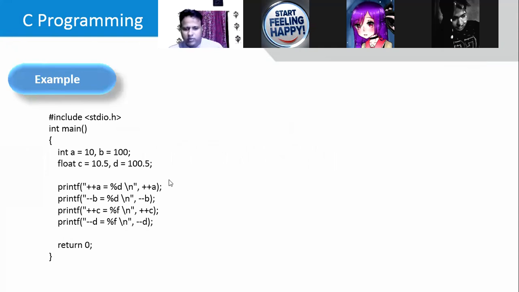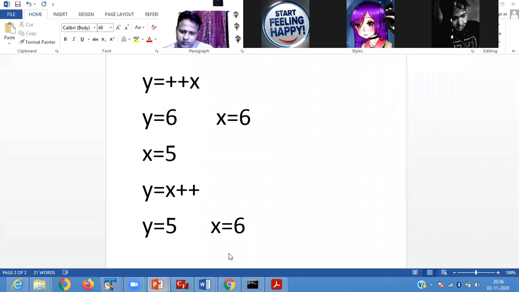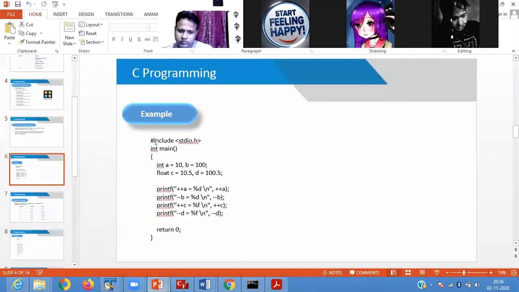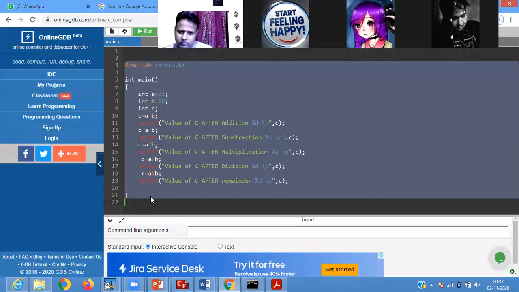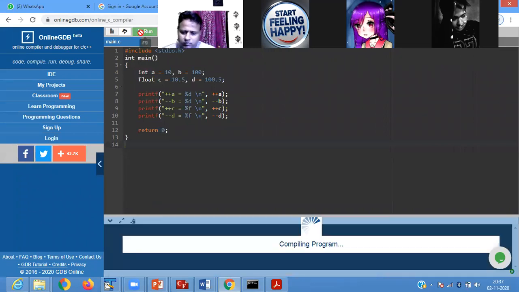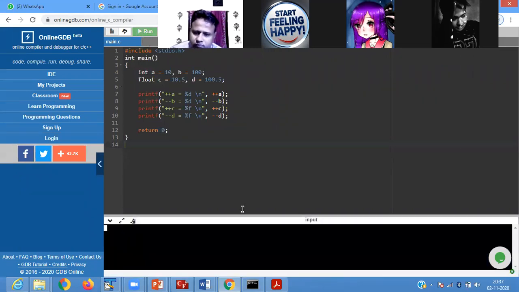So here is a small program we have. int a, value is 10, when it is incremented it is 11. b is 100, then when it is decremented it is 99. c is 10.50, when incremented it is 11.50.